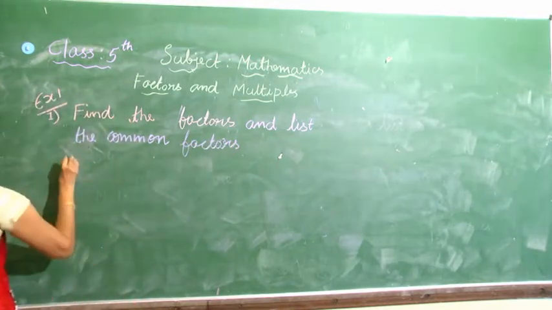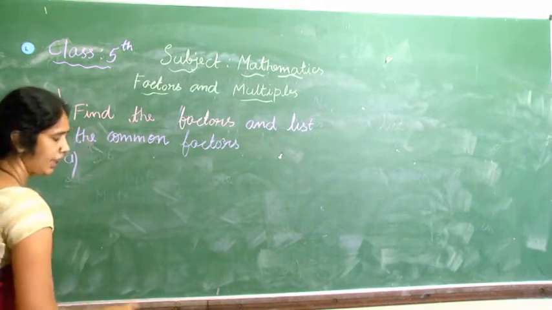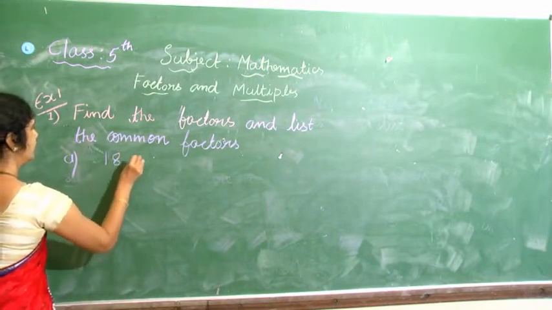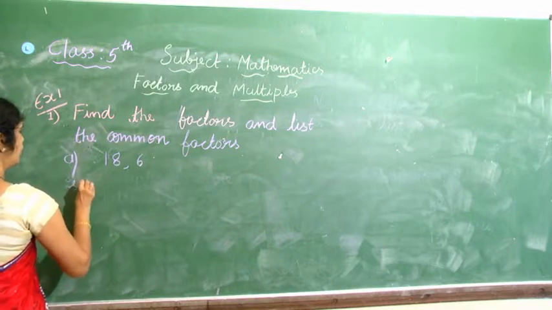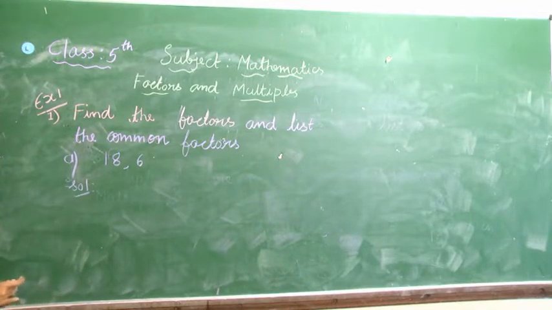First one in that is 18, 6. So we will check the factors of 18 first.